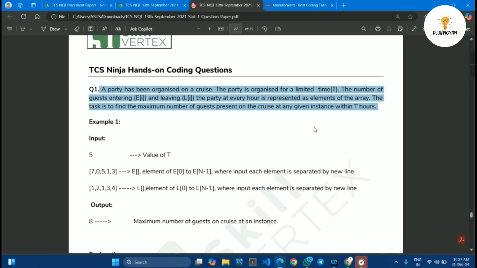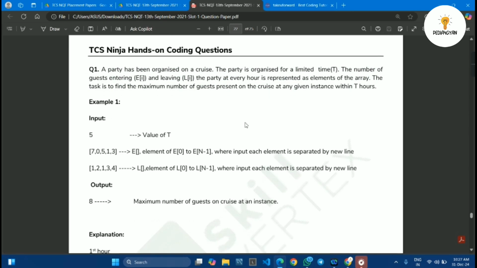So the question is telling us there is a party ongoing on the cruise. E of I members enter as guests and L of I leave the party. We have to find how many members are on the cruise at a single time. This is the array of guests entering, 7 0 5 1 3, and the second array of guests leaving, 1 2 1 3 4.